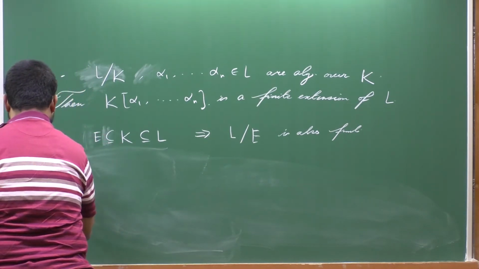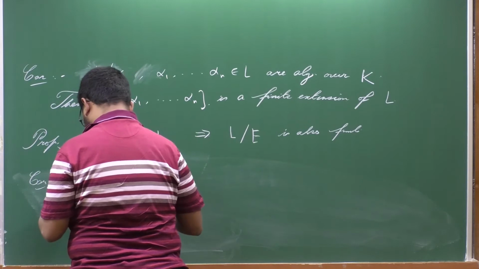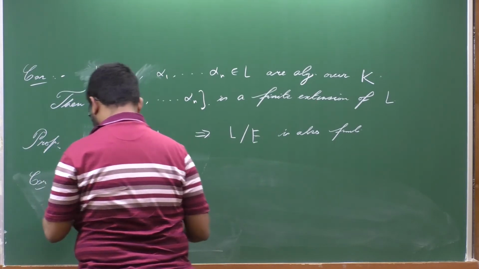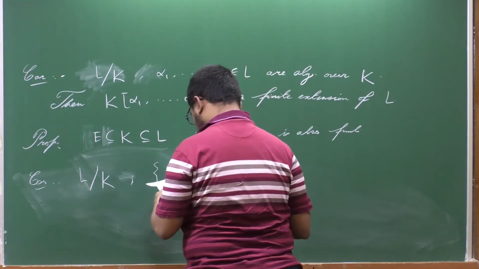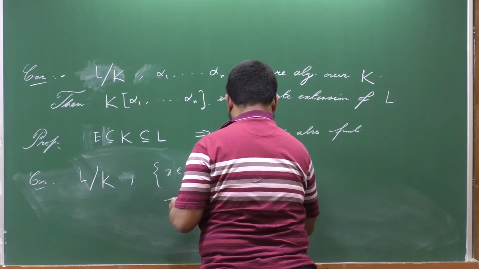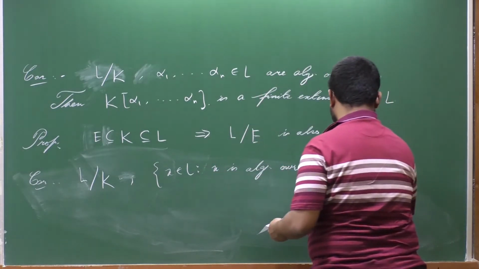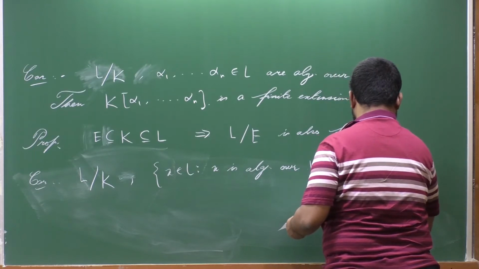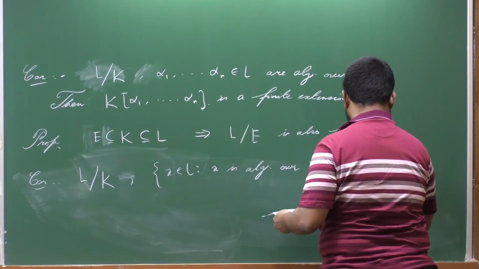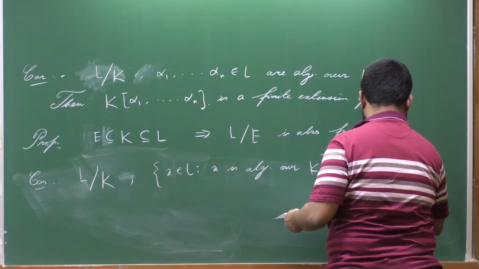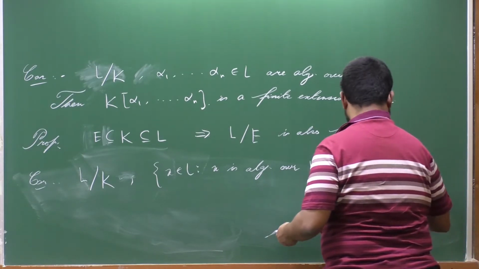So the further corollary to this would be that, given an extension of fields, we collect all the elements which are algebraic over K. This is a field, this is a subfield of L.